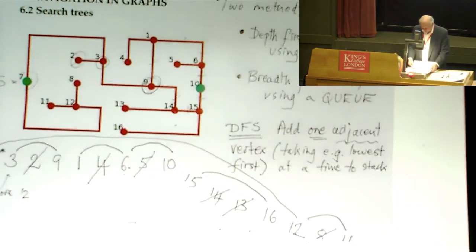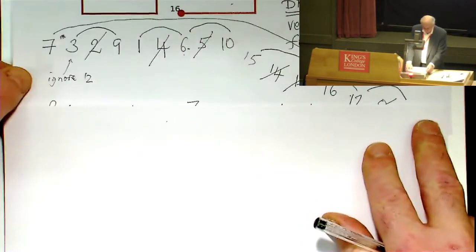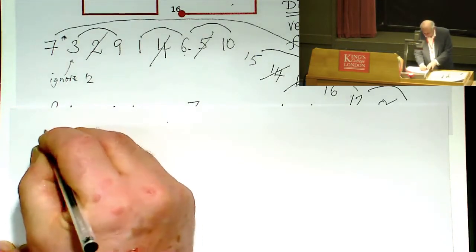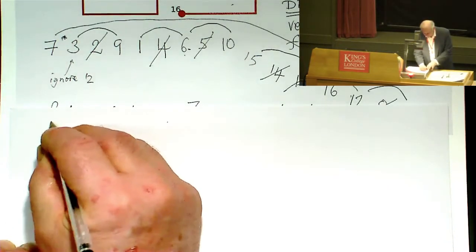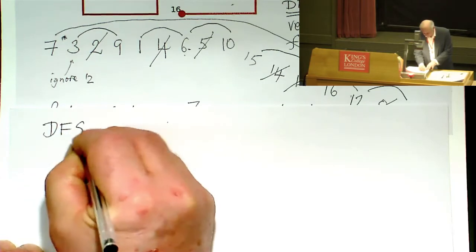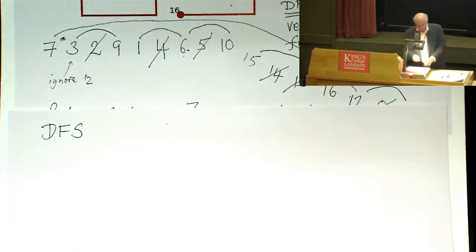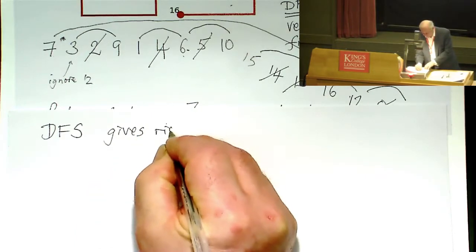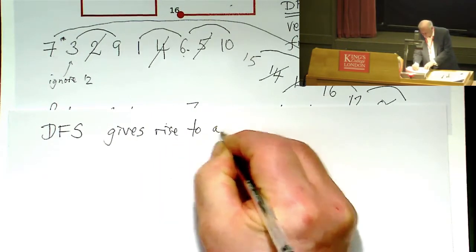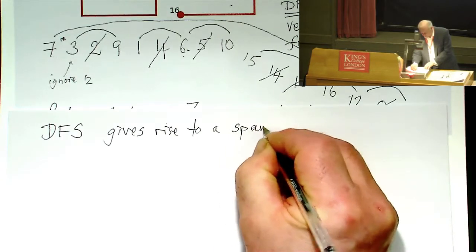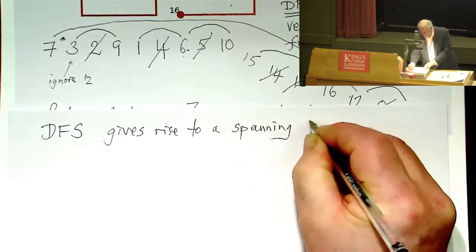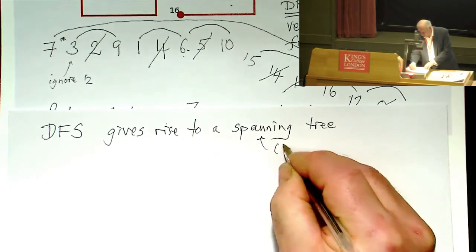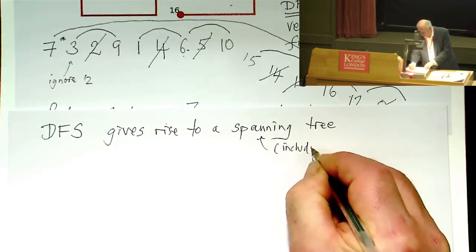So I need this data here to try to explain. So we get the search, the depth first search gives rise to a tree, gives rise to what's called a spanning tree. Spanning means includes every vertex of the graph.